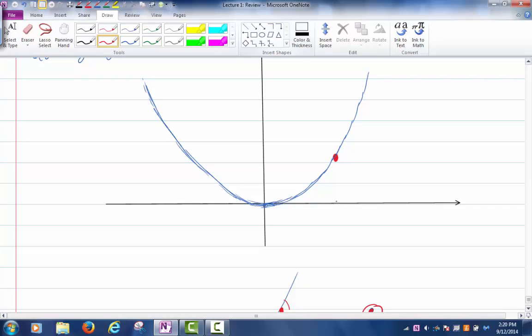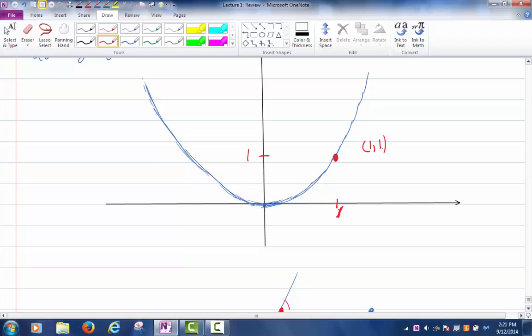So when x is 1, what is the y value? 1, because it's the parabola y equals t squared. When t is 1, y is 1, and so this is the point (1, 1), right? This is the point (1, 1), and I want to know what's the slope of the tangent at this point.